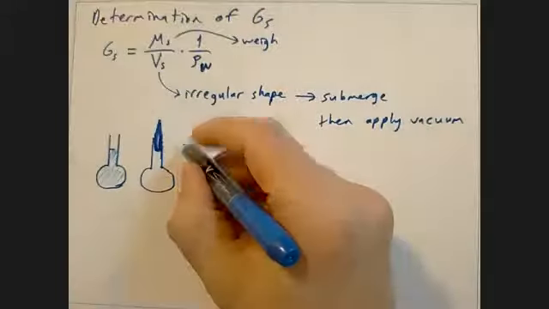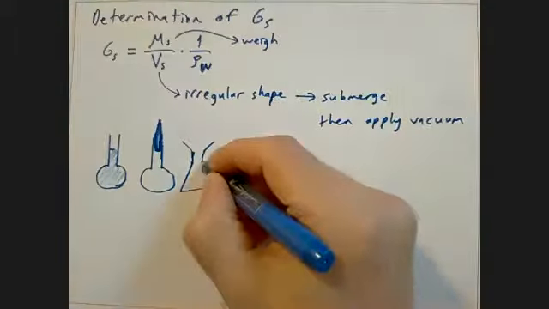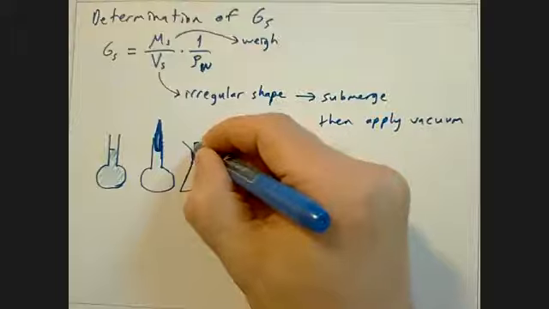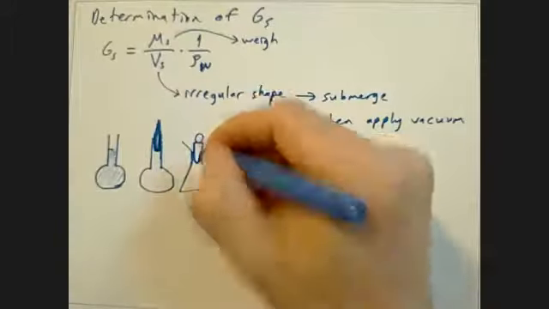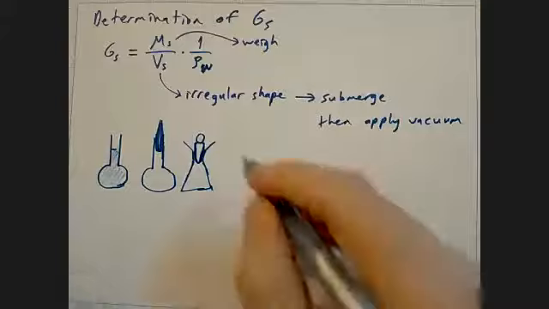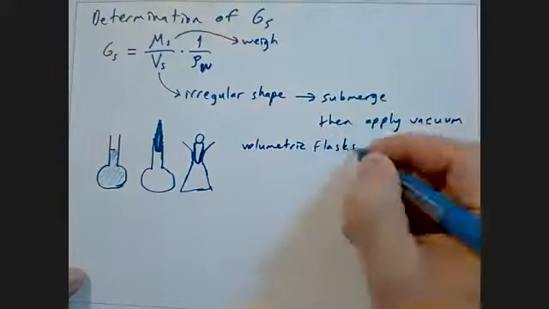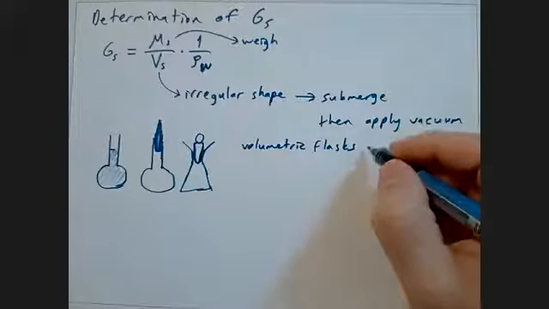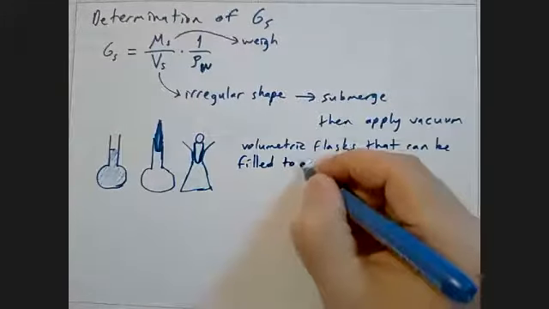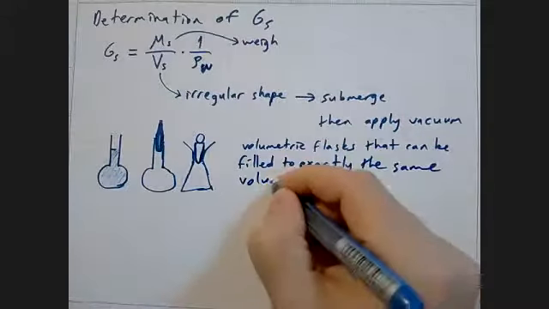Or the iodine flask version again has this cap that is able to perfectly fit without entrapping any air there. So there are different ways, but the essential information is that it can be filled to exactly the same volume repeatably.